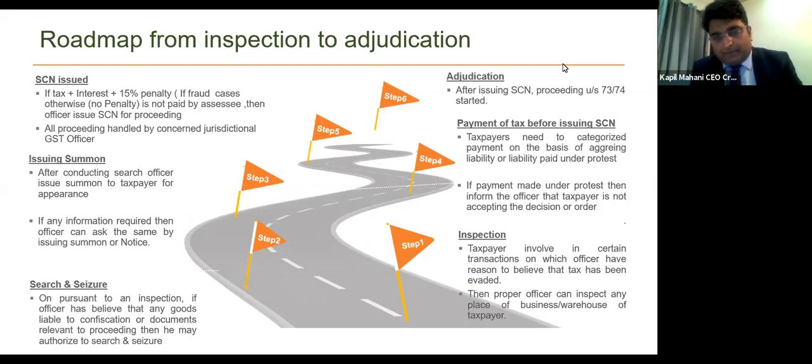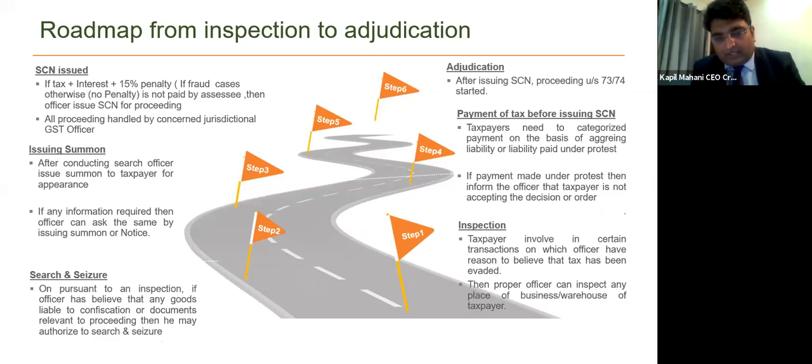And the third step is issuing a summons. Once they do the seizure, they call the officers of the company and any person related to that transaction or any person they feel is connected with it. They issue a summons under section 70 calling for information as well as a personal statement on oath from the assessee or any connected person.